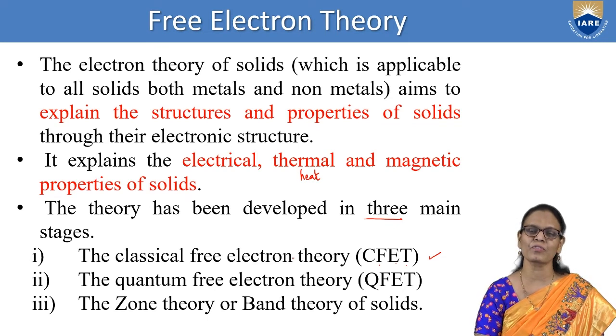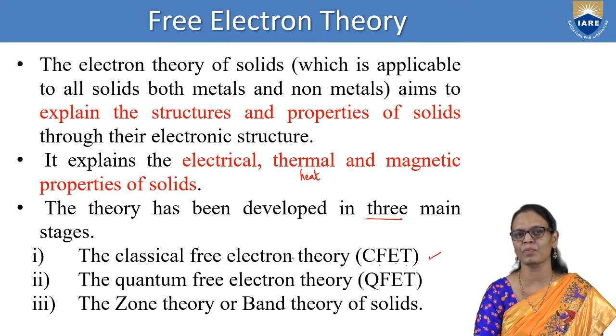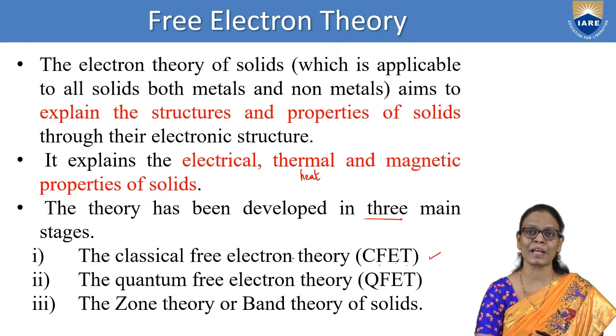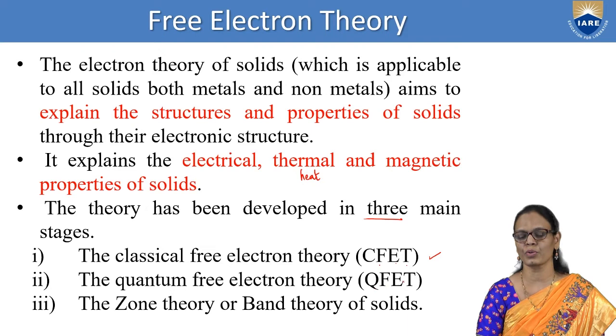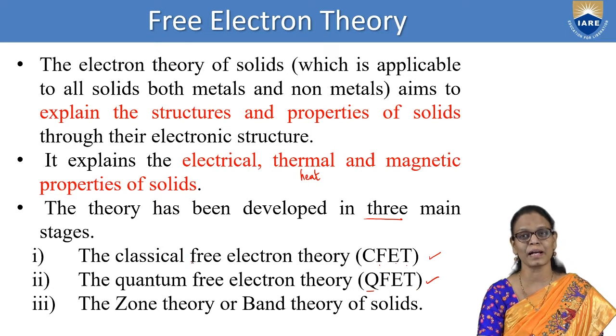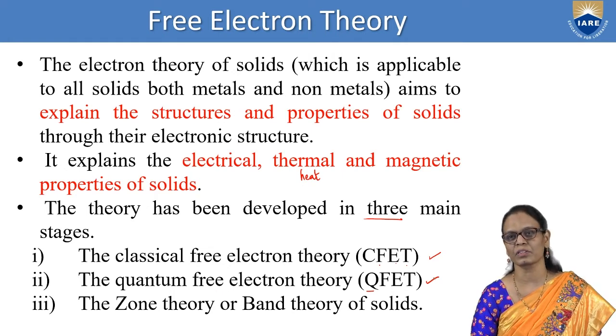Then came the development of quantum theory or quantum mechanics, which could solve many problems that were unexplainable by classical mechanics. Then comes the quantum free electron theory, which we represent by QFET. Q stands for quantum. Whatever could not be explained by classical free electron theory, most of it could be explained by quantum free electron theory.